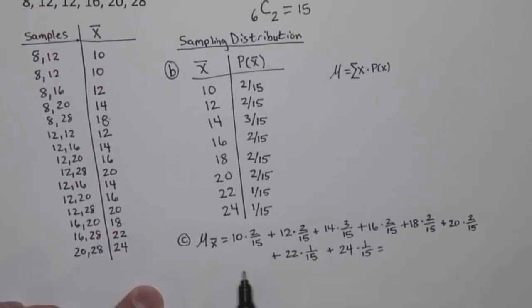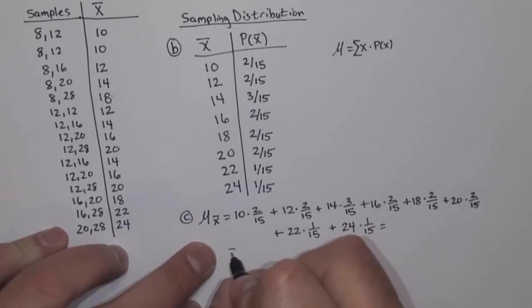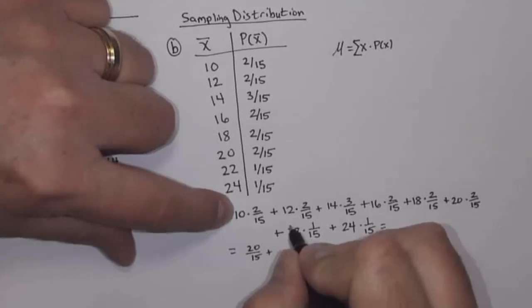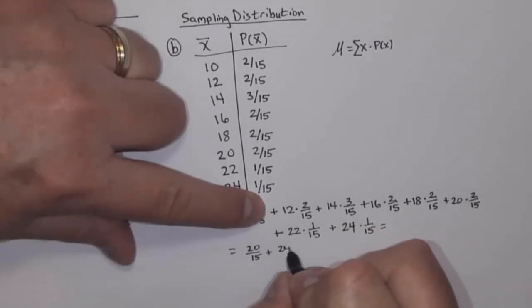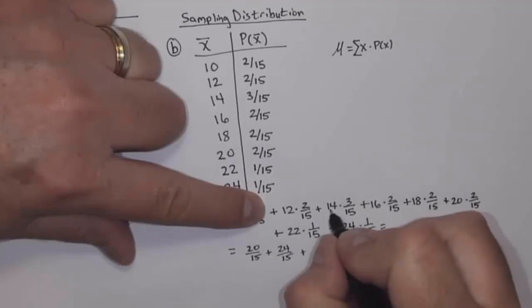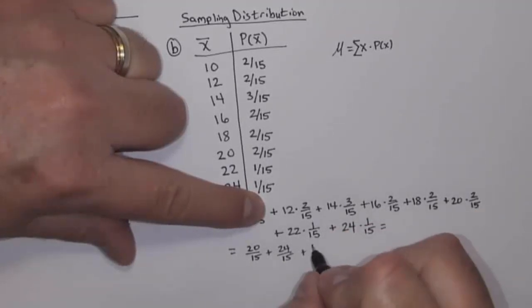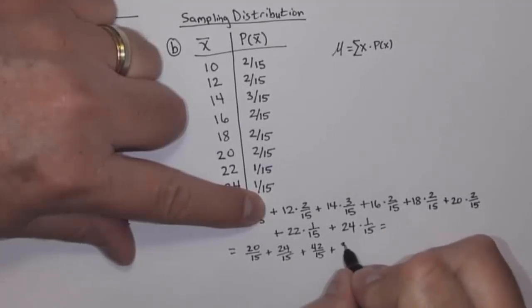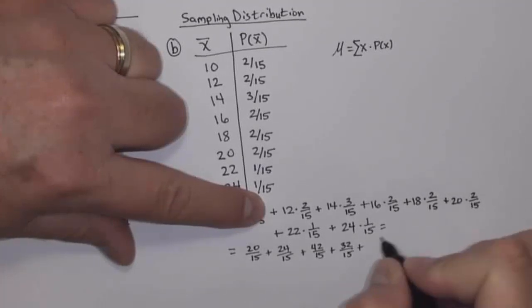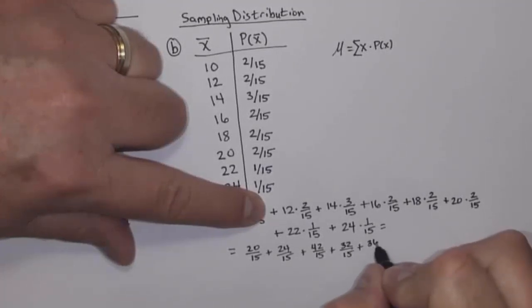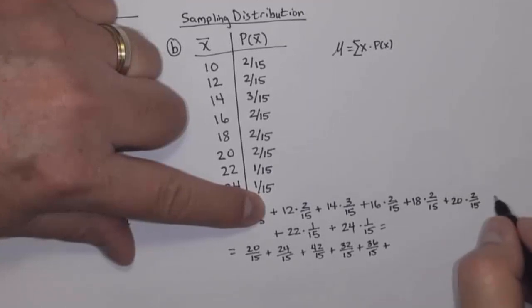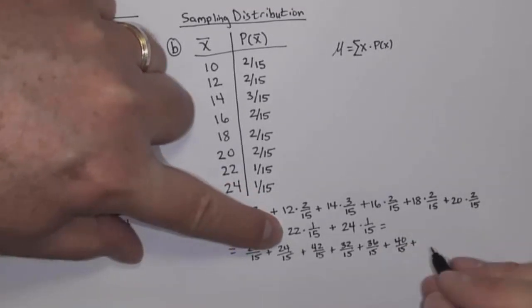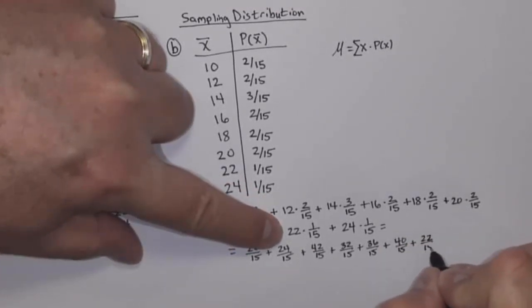If we do this calculation, we're going to get 10 times 2/15 would be 20/15. 12 times 2/15 would be 24/15. 14 times 3/15 will be 42/15. 16 times 2/15 will be 32/15. 18 times 2/15 will be 36/15. 20 times 2/15 will be 40/15. 22 times 1/15 will be 22/15.